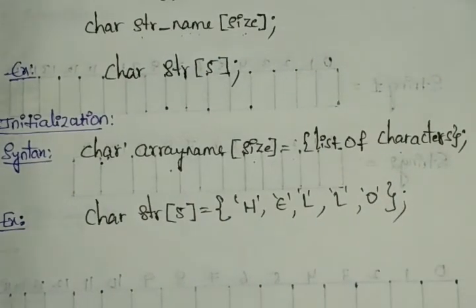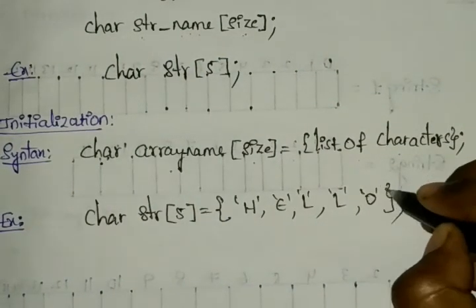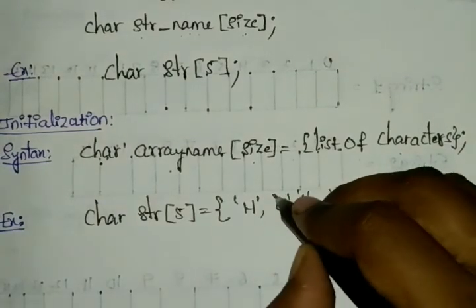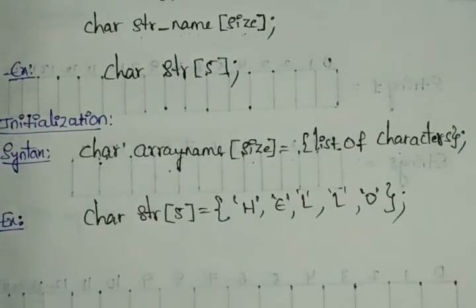You can observe clearly that each and every character is enclosed with single quotation marks. Characters are enclosed with single quotation marks, but strings are enclosed with double quotation marks. That is the difference.